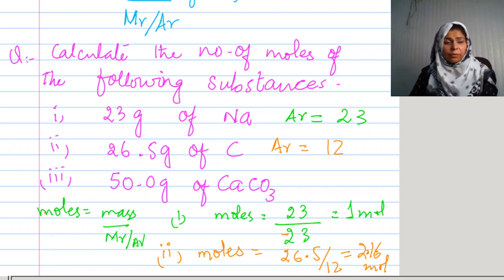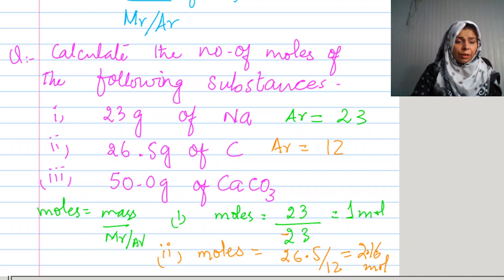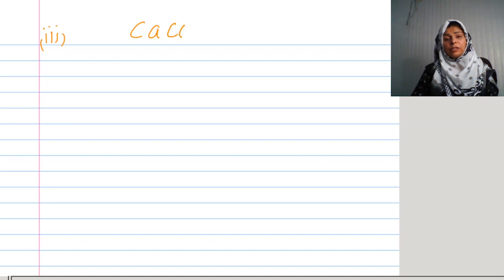Next part, calcium carbonate, 50.0 gram. We calculate with the same formula. Try to pause the video and solve how to calculate the MR of calcium carbonate. Yes, 40 plus 12 plus 16 into 3, the answer will be 100.